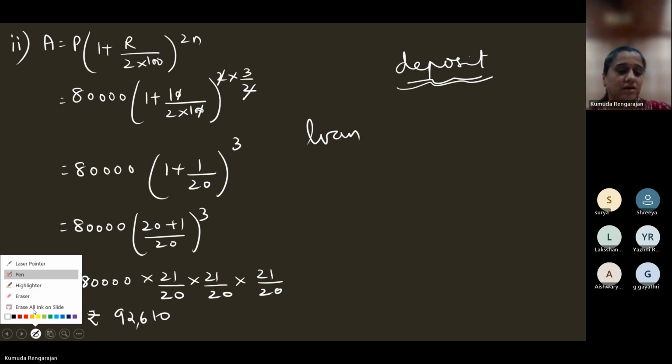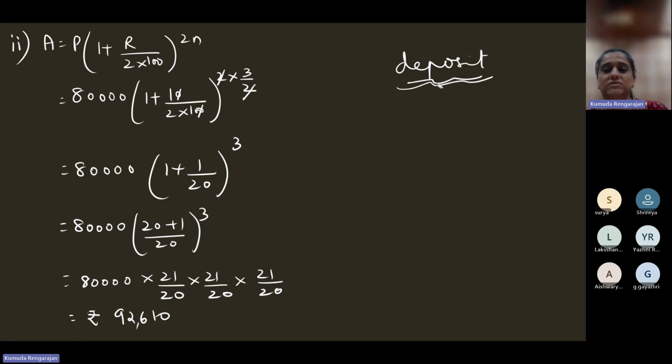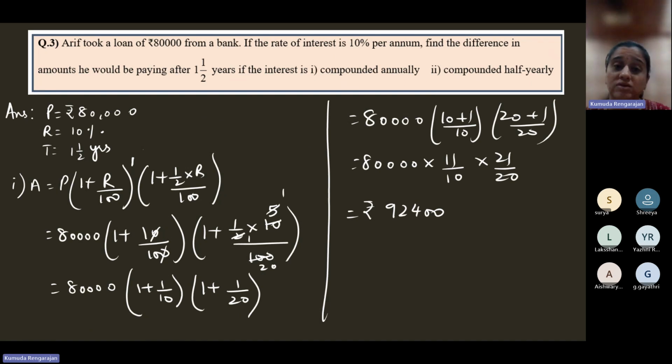So that's what you see here. See the two cases. First one is compounded annually. This is a loan. RF has taken a loan for 1.5 years. First case, interest is compounded annually. Second case, half yearly. If interest is calculated half yearly, he'll be paying a little more as interest, and you can see the amounts.